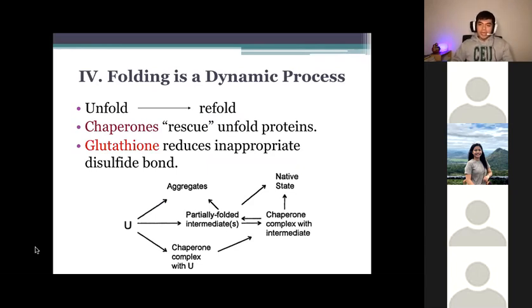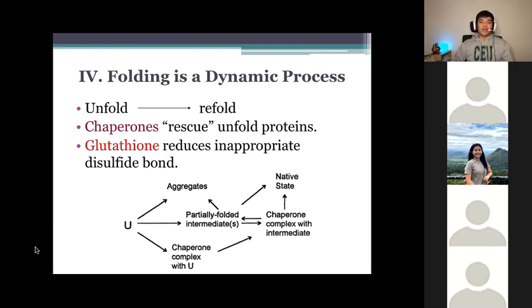And then for the last factor affecting protein folding, this is a dynamic process. So when we say dynamic process, multiple processes occur so as to maintain proper folding of proteins. That's why we discussed that chaperones do their best to rescue the unfolded proteins or potentially yung mga magmi-misfold. They are always to the rescue. Okay, yun yung function ng chaperones.